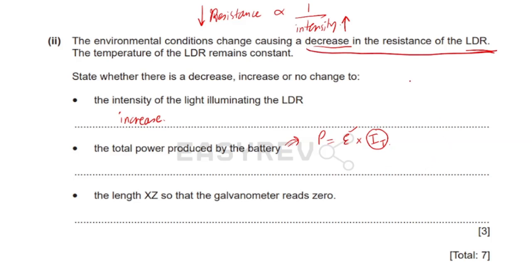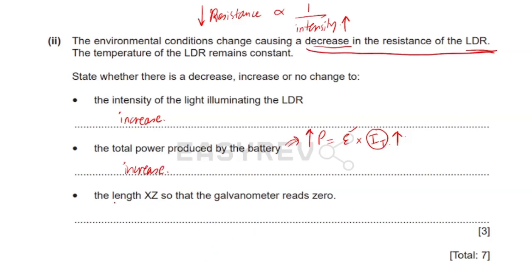When there is a decrease in the total resistance of the entire circuit, that means overall there is less resistance offered by the circuit, meaning there will be a greater flow of current, right? Which means we expect the total current to actually increase. And when that happens, while keeping the EMF constant, the power ends up increasing. And so we'll write an increase over here.